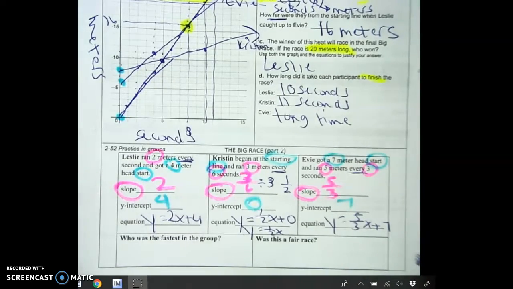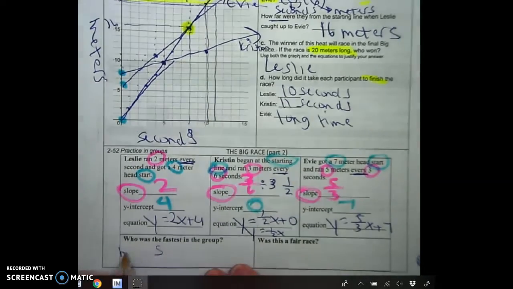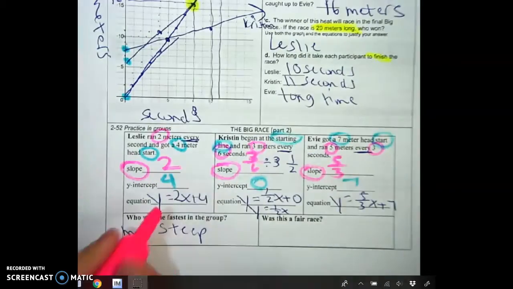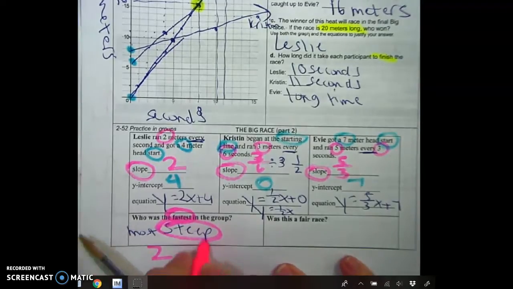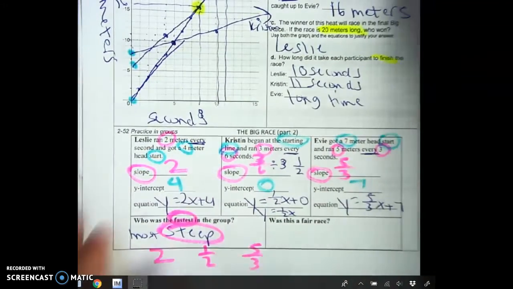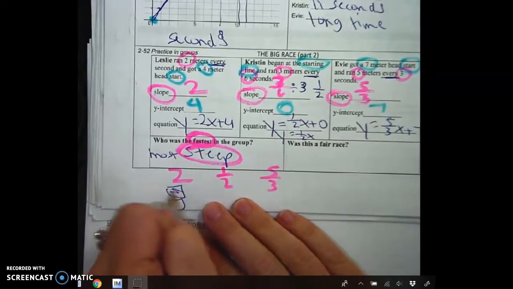So who was the fastest? So the fastest means the most steep, which means I'm looking at my slope. So I'm looking at 2, 1/2, and 5/3. So let's think of pizzas. So 1, 2 whole pizzas.